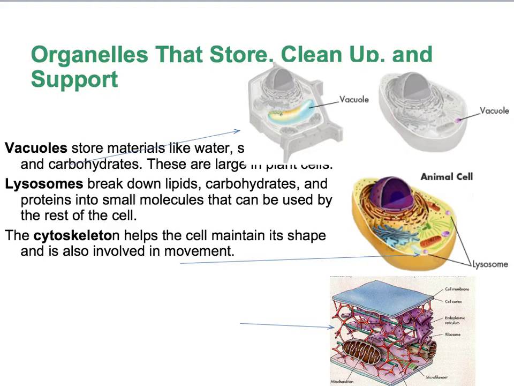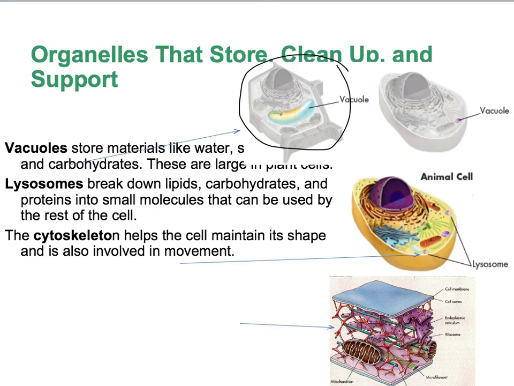Here we have some organelles, or cell structures, that store, clean up, and support the cell. The vacuole is an organelle that stores materials like water, some proteins, and carbohydrates. They're larger in plant cells, so on the left here, this would be the plant cell.